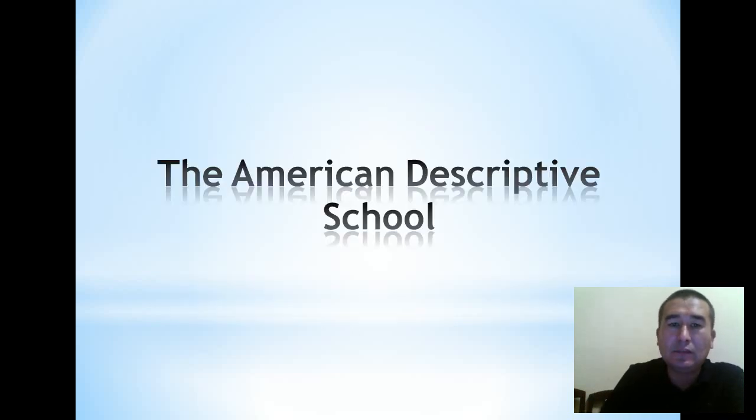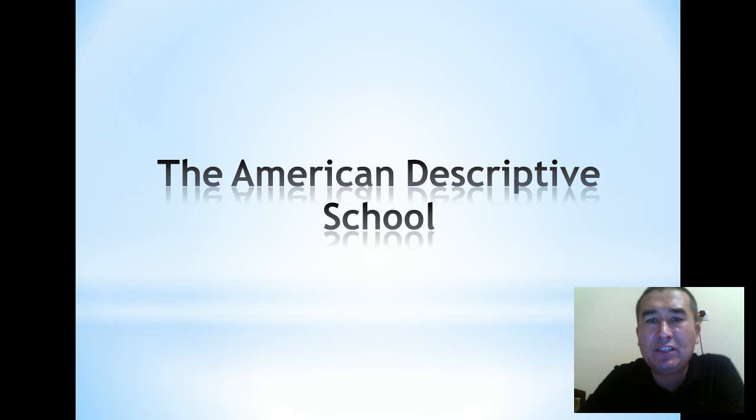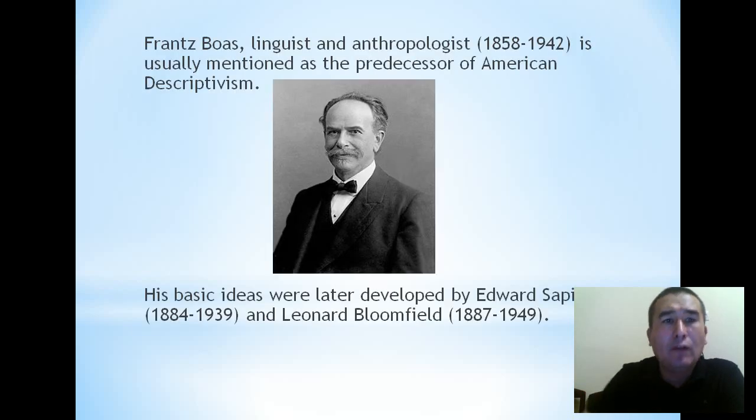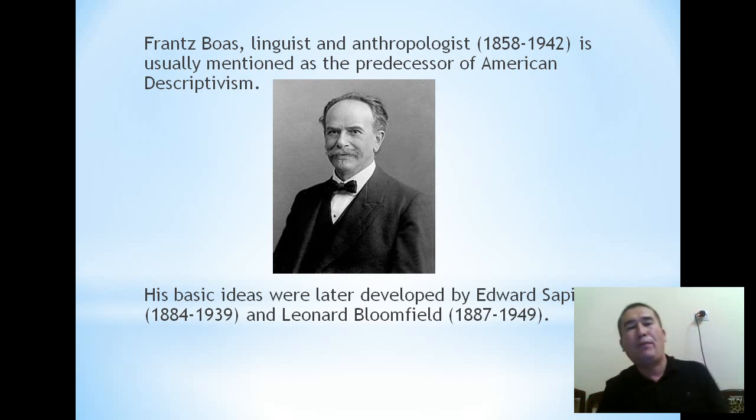The American descriptive school. Franz Boas, linguist and anthropologist, is usually mentioned as the predecessor of American descriptivism. His basic ideas were later developed by Edward Sapir and Leonard Bloomfield. So, Franz Boas is the father of descriptivism, and later Leonard Bloomfield developed it to its perfect condition.